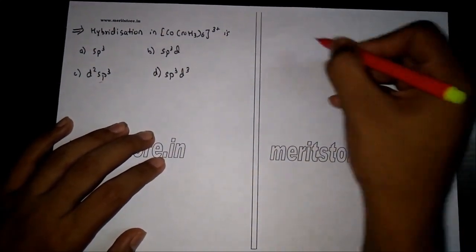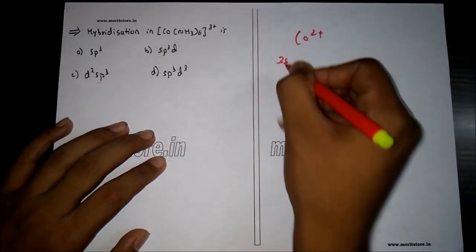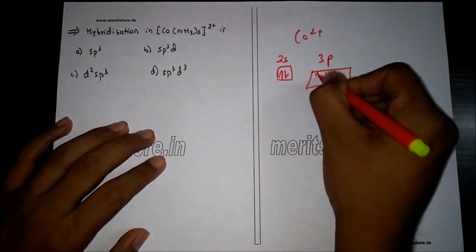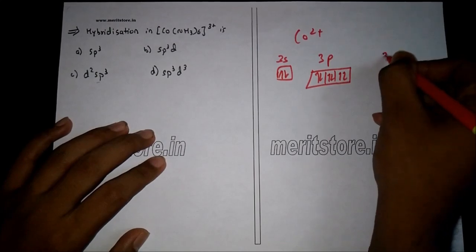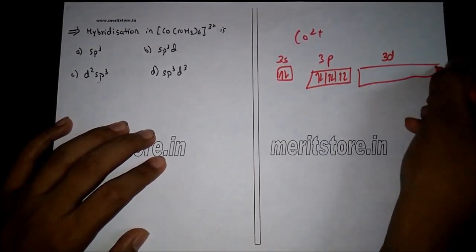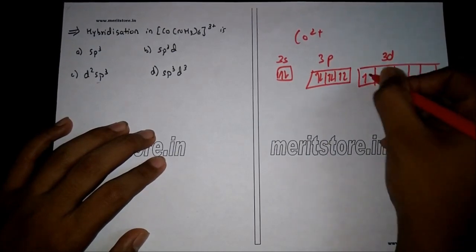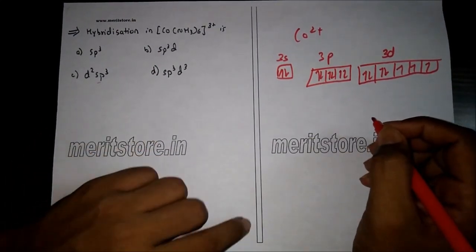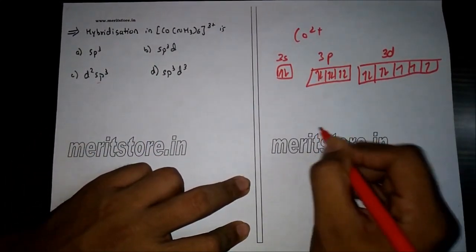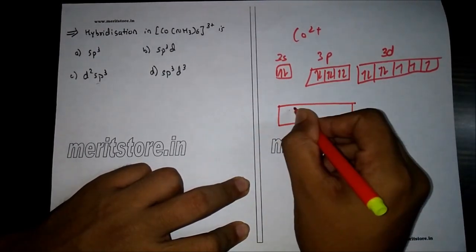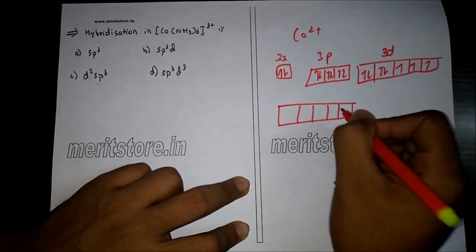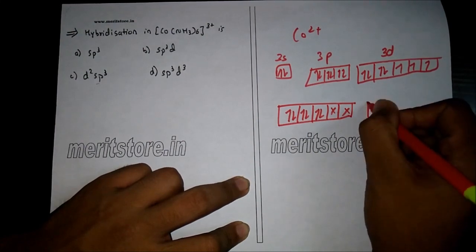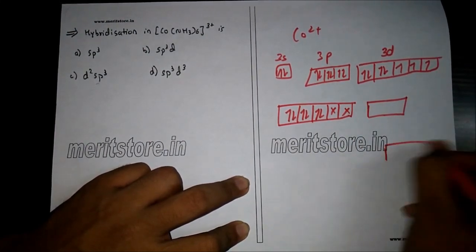Now the valence shell electronic configuration of Co3+ is 3d, 4s, 4p, where there are unpaired electrons. Therefore, in the formation of the [Co(NH3)6]3+ complex, it undergoes hybridization and forms a diamagnetic structure where all the electrons are paired, with two d orbitals, one s, and three p orbitals used.